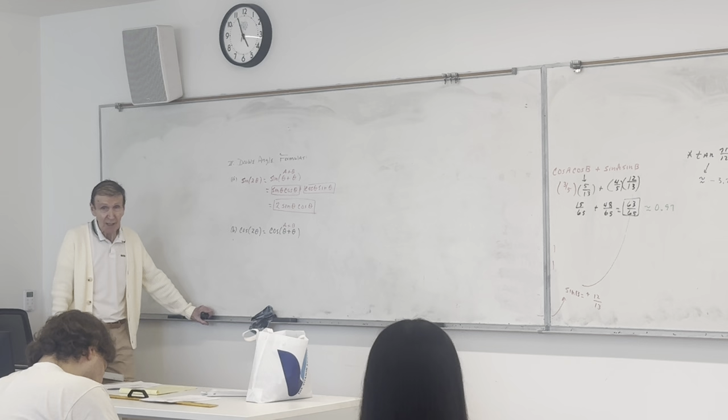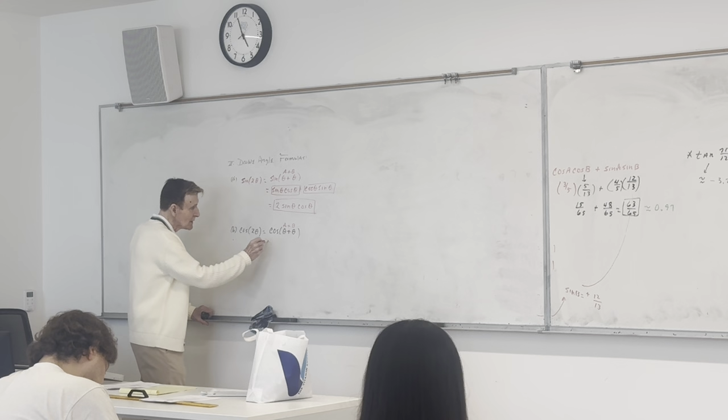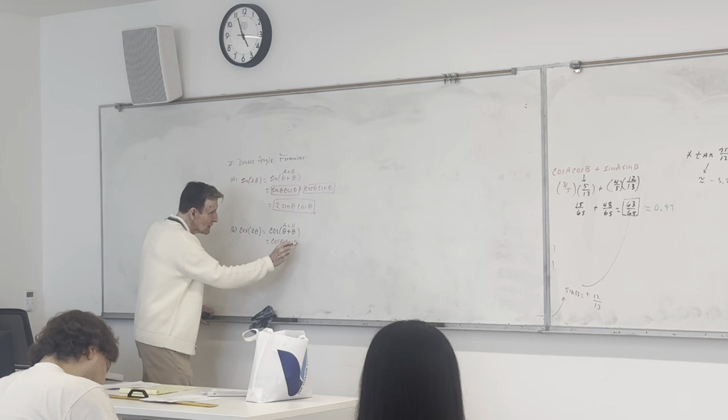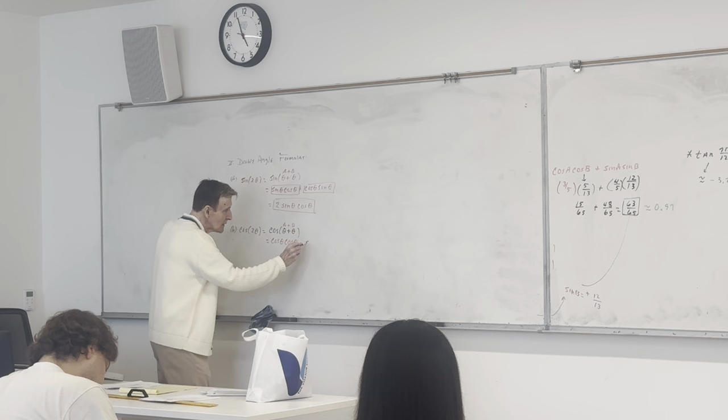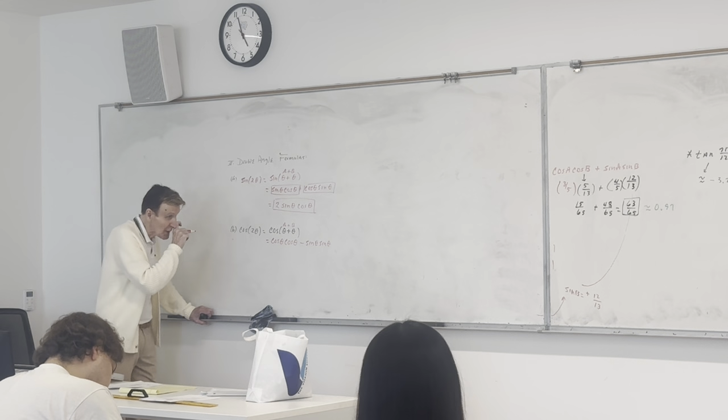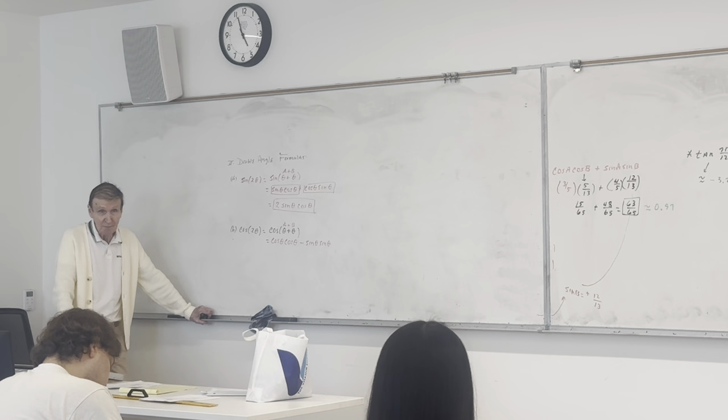I now need the cosine A plus B formula. I need to apply the cosine A plus B. Guys, if you apply it, you're going to end up with cosine theta cosine theta, I think it's a minus, sine theta sine theta. Guys, please tell me, did I do it correctly on cosine A plus B?